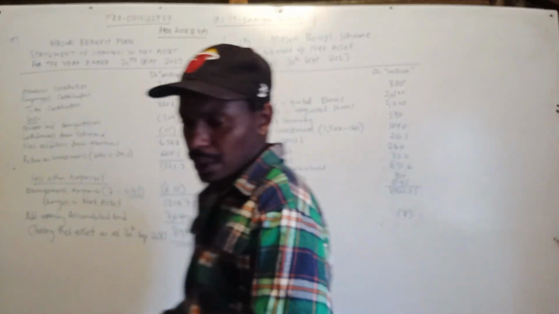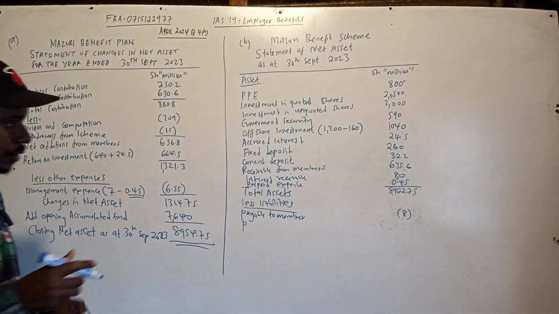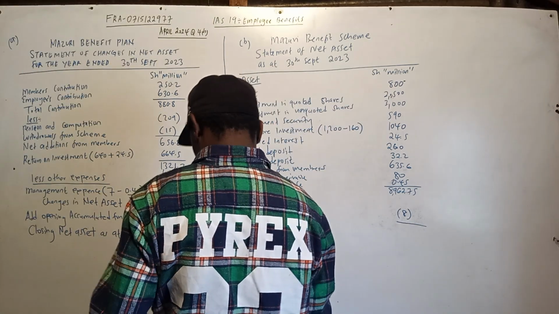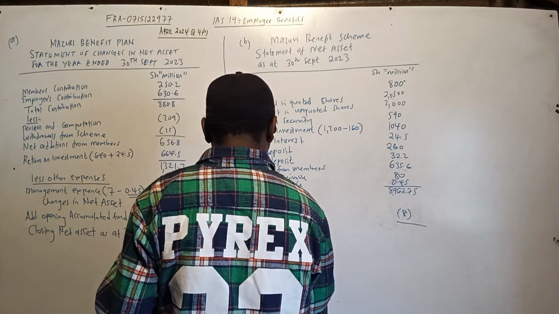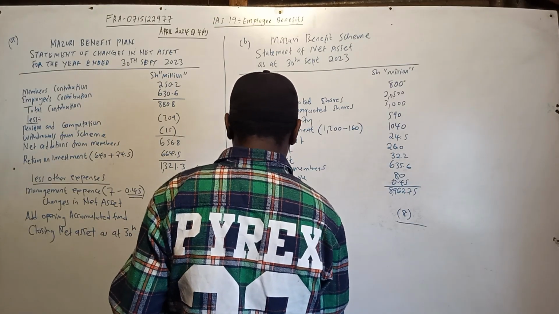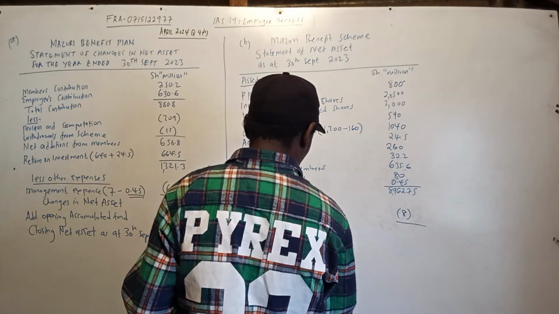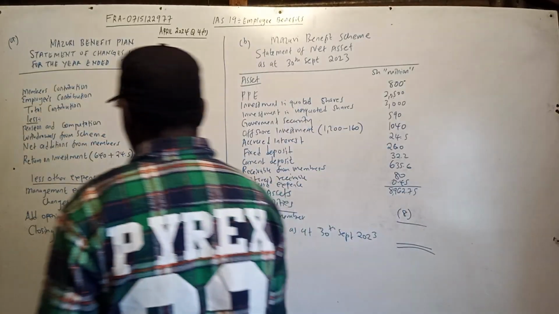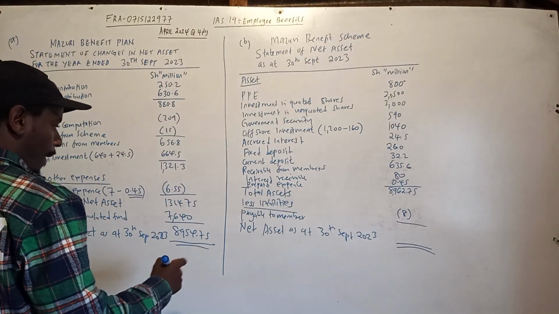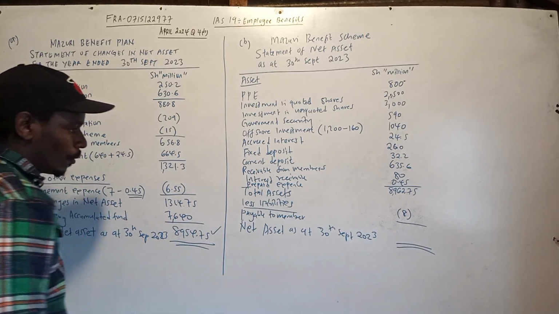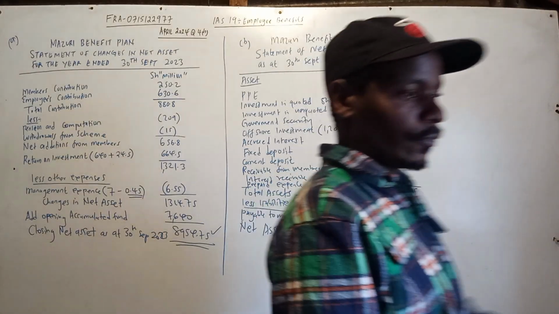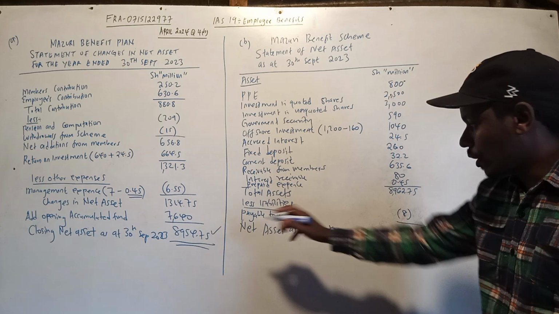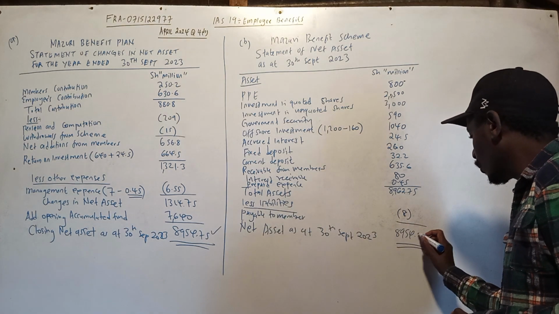Now we less our payables. The only payables that we have is one item, which is 8, so that we get our net assets. We get net asset as at 30th September 2023, and that net asset must be the same as this one, 8954.75.